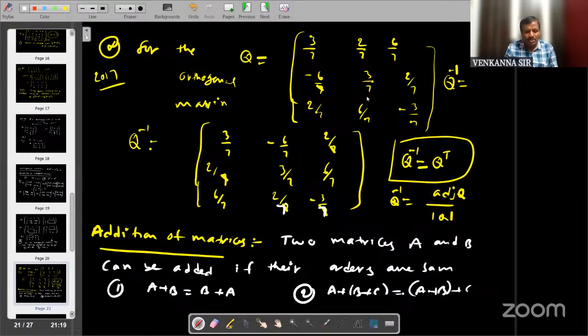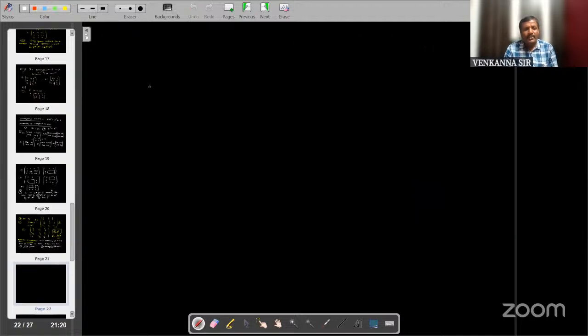Very good. A plus B equal to B plus A follows commutative law. Addition of matrices follows associative law also. Commutative law, associative law. Third property.